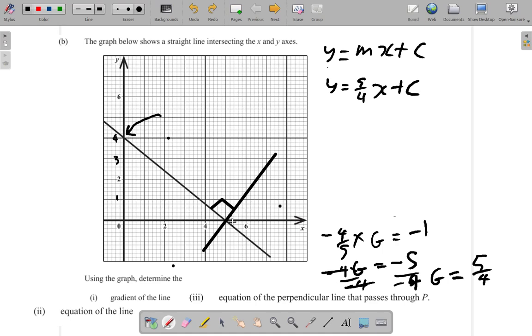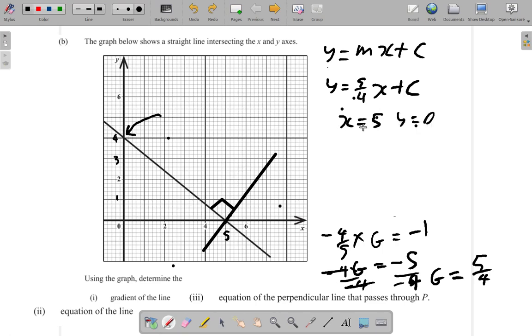Now what we have is a value of x and y at this point where they intersect. This point here would be 5, halfway between 4 and 6. So x is 5, the value of x along the x-axis. The intersection occurs when x is 5, and y is right on the x-axis, so y is 0.